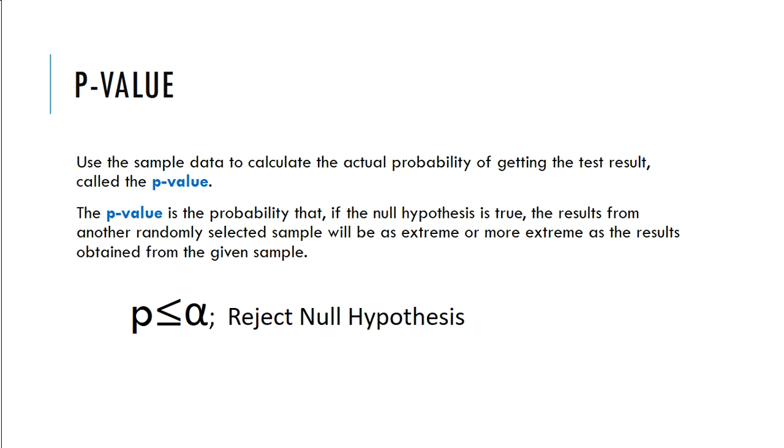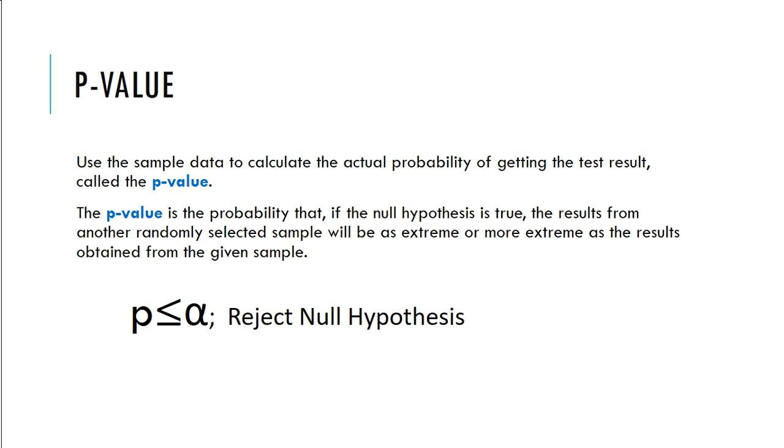So I've got this sample and I want to see if another sample is as extreme. If p is less than or equal to alpha, we reject the null hypothesis. So the probability is less than or equal to the level of significance, which we talked about before, and I reject my whole null hypothesis.